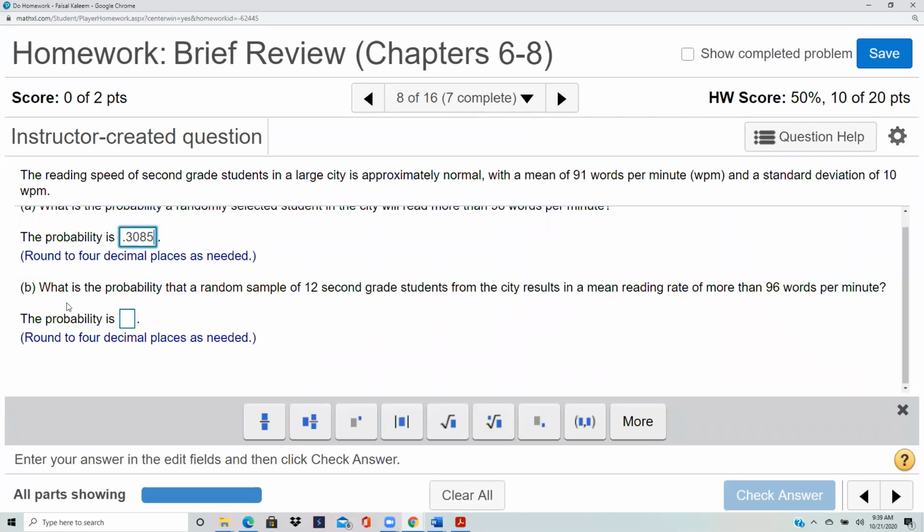And now what do we do in part B? There's only one change we have to make in that StatCrunch window. And what is that change?